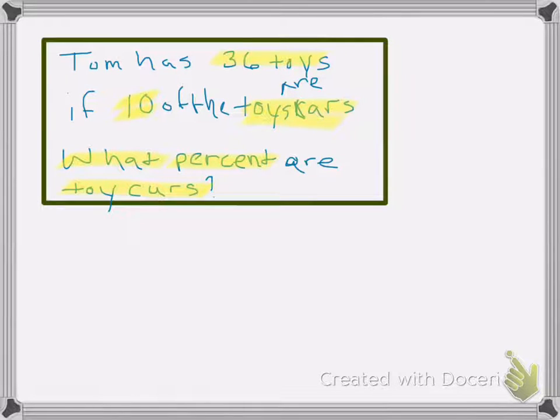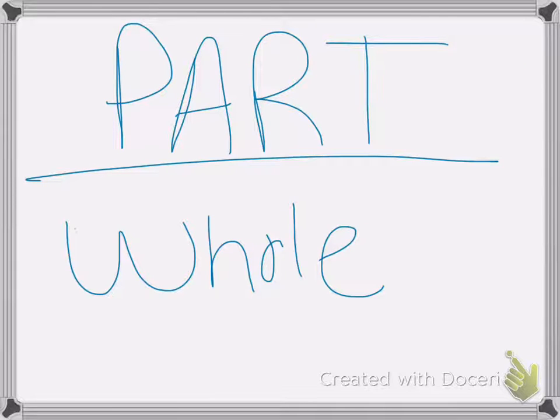Okay, so we're going to take out what we know. We know that he has a total of 36 toys. So his total toy count is 36 total toys. All right, so if I'm thinking back to what I told you about part and whole, parts on top, wholes on bottom.